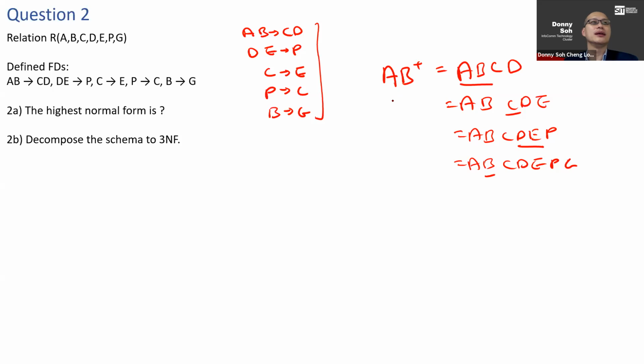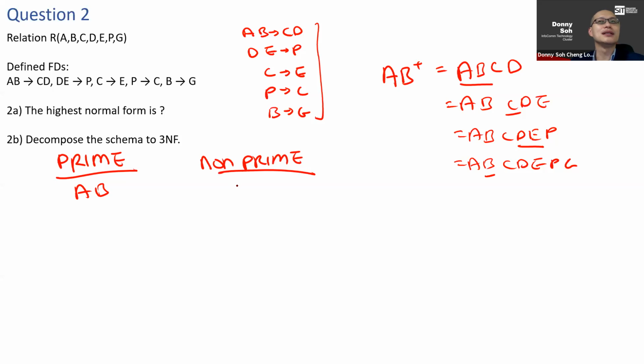So AB is my candidate key. So my prime is going to be AB, non-prime is going to be C, D, E, P, G. Okay.